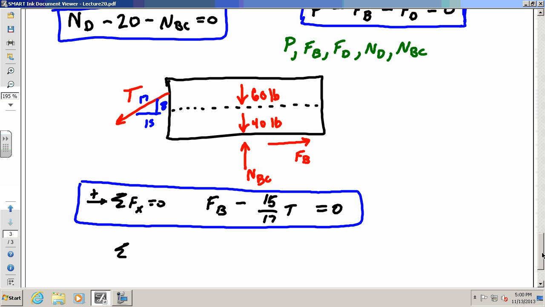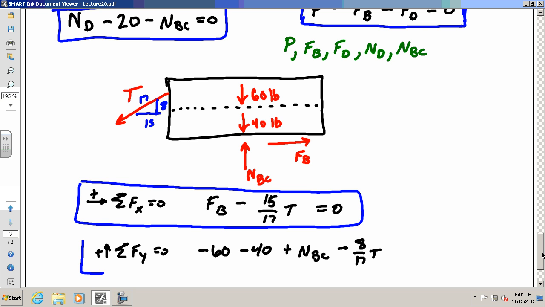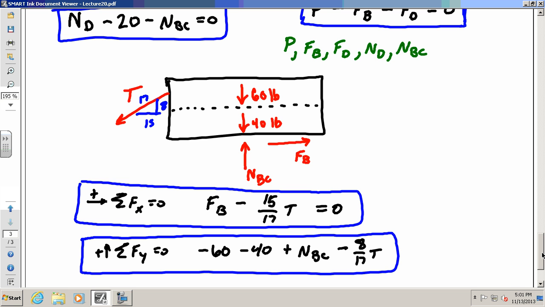And sum of forces in the y direction equals 0, up being positive. What do you got? Well, you got minus 60, minus 40, plus NBC, that's the normal force pushing up on the thing, minus 8/17 T. I'll give you a moment to get that down.